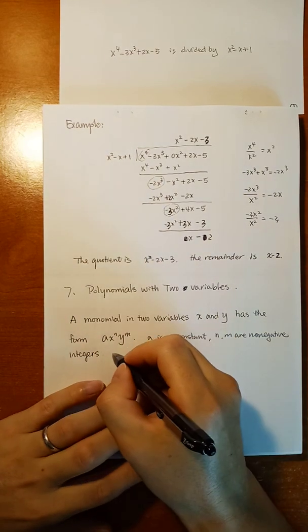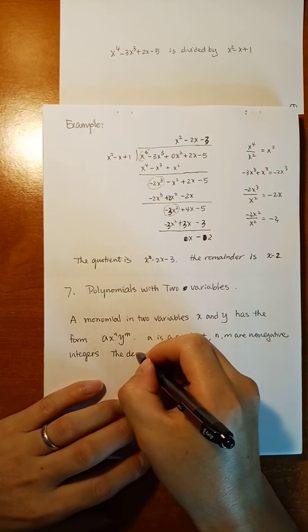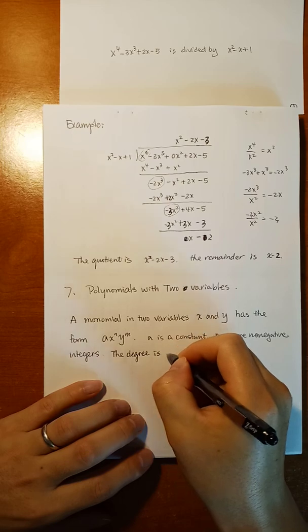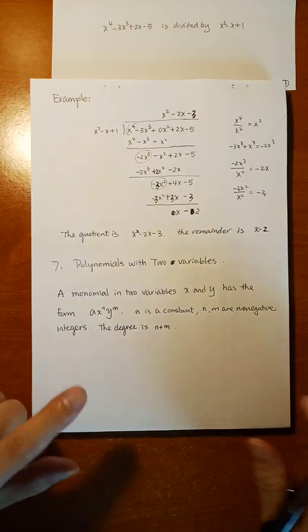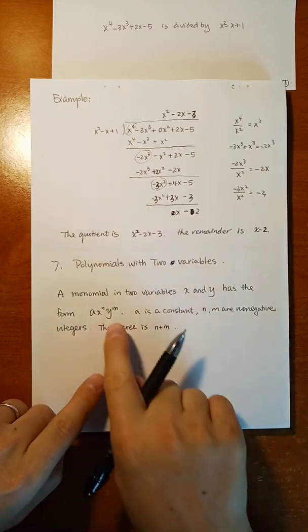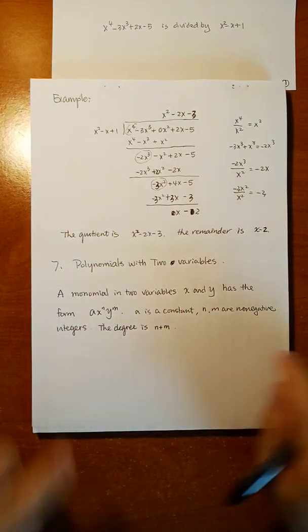And the degree is n plus m. This time if you have two variables, they form a product, then the degree is the sum of those two powers.